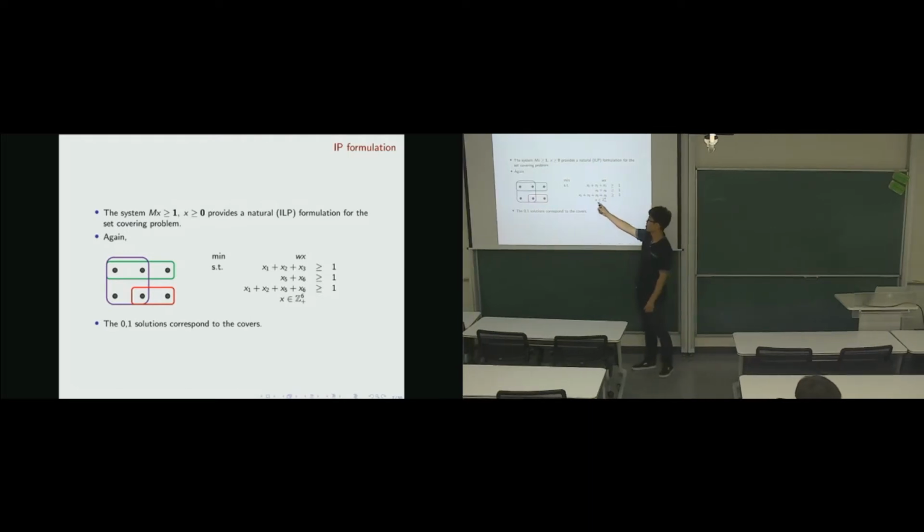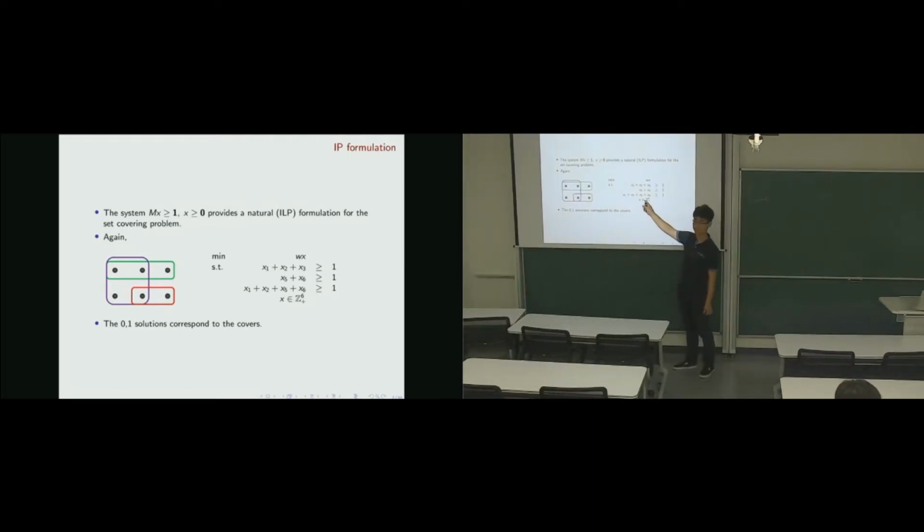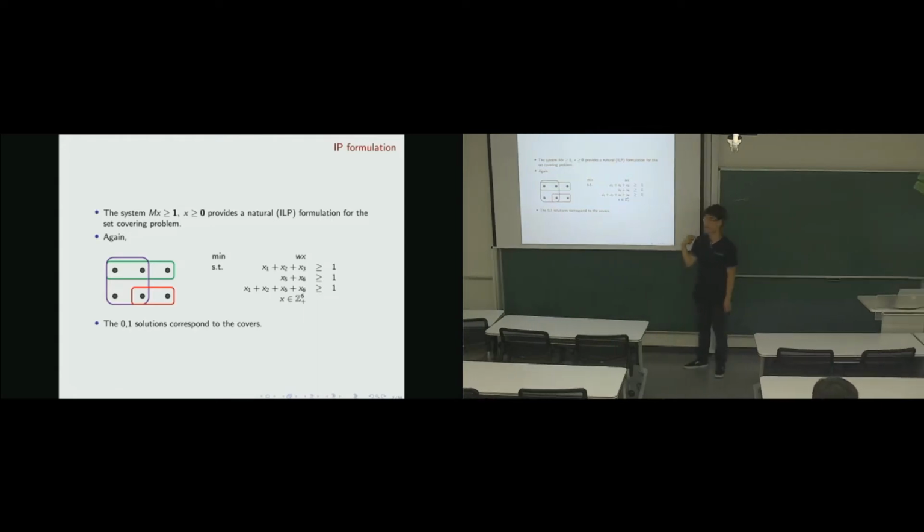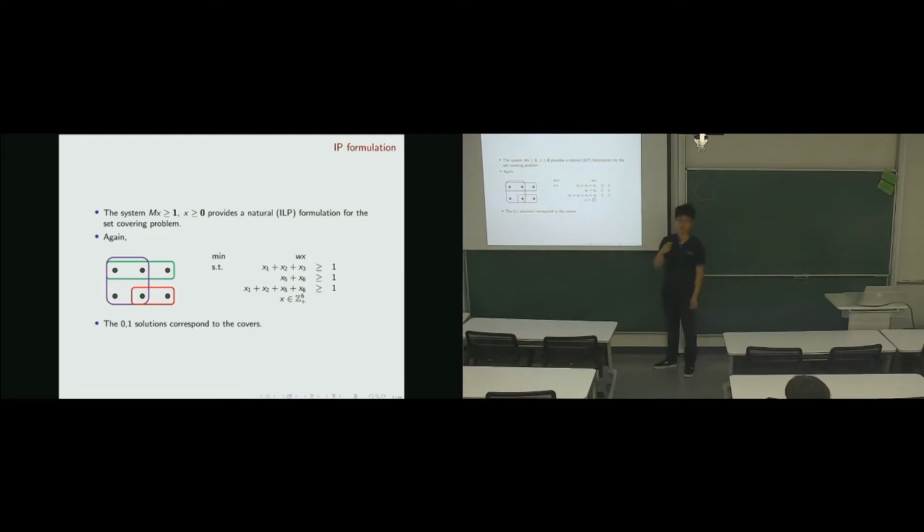I didn't explicitly say that these are binary, but as long as W are non-negative, optimal solutions should be binary. And the 0-1 solutions will correspond to the covers of this clutter. Any questions so far?